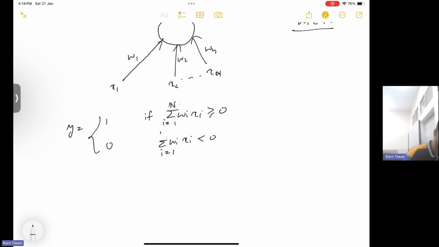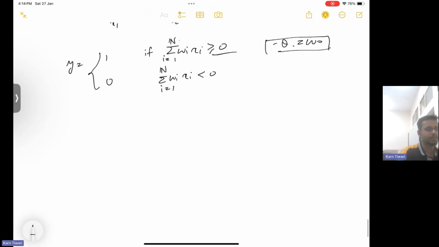So 0 is the threshold, and here the bias term theta is minus theta. We have taken it as W0. For any doubt, you can refer to the lecture material, because I'm following the same convention so that you follow the questions properly.